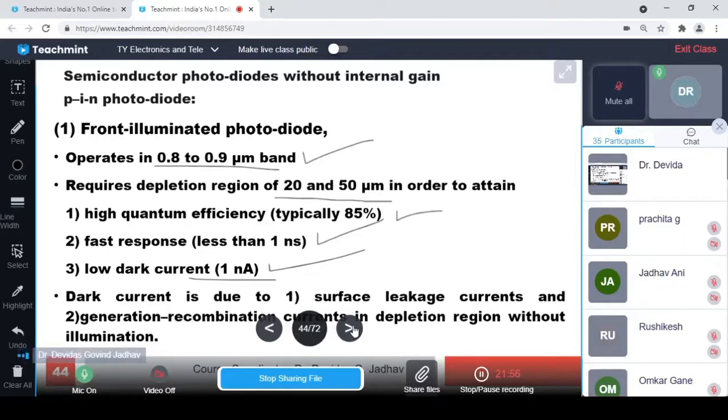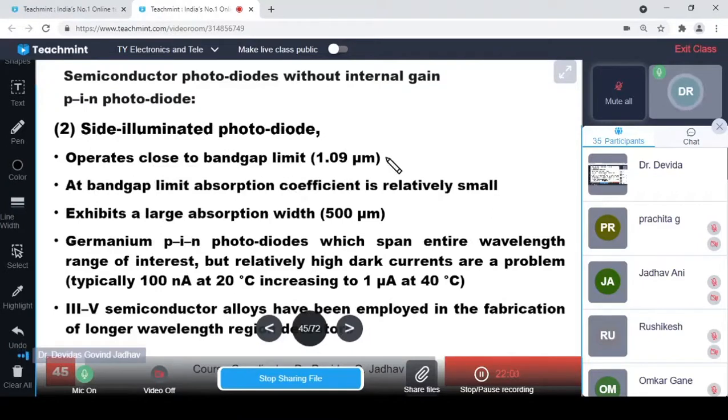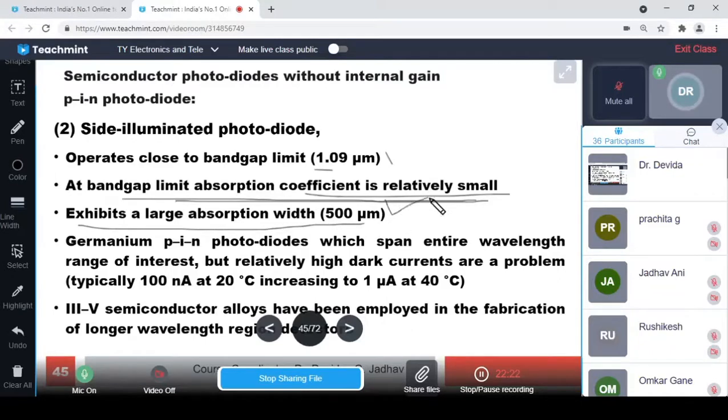Side illuminated operates at higher wavelength, that is 1.09 micrometer, and at the band gap limit the absorption coefficient is relatively small, so a large absorption width is needed. We can provide a large absorption width of 500 micrometers because photon travel is parallel to the junction.